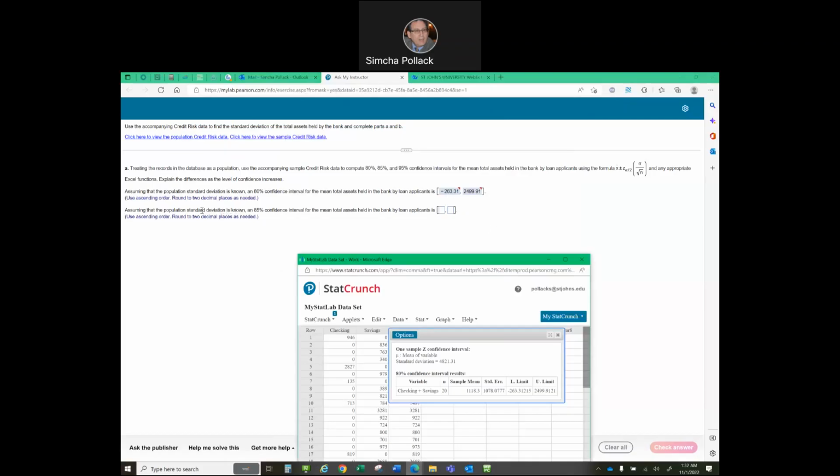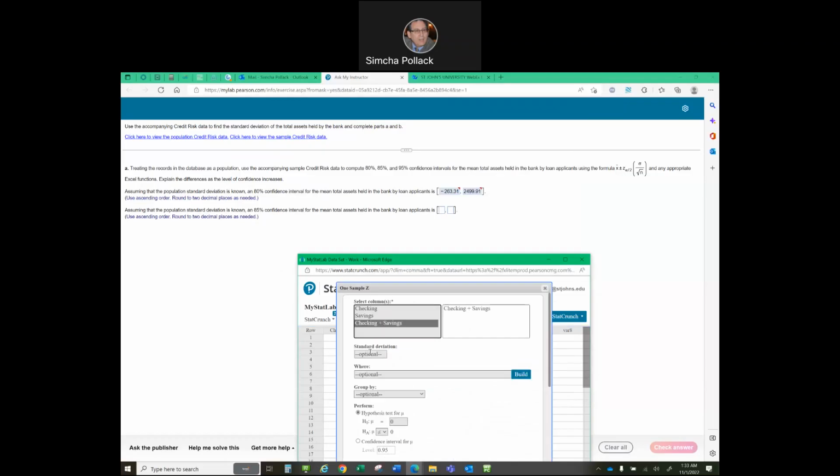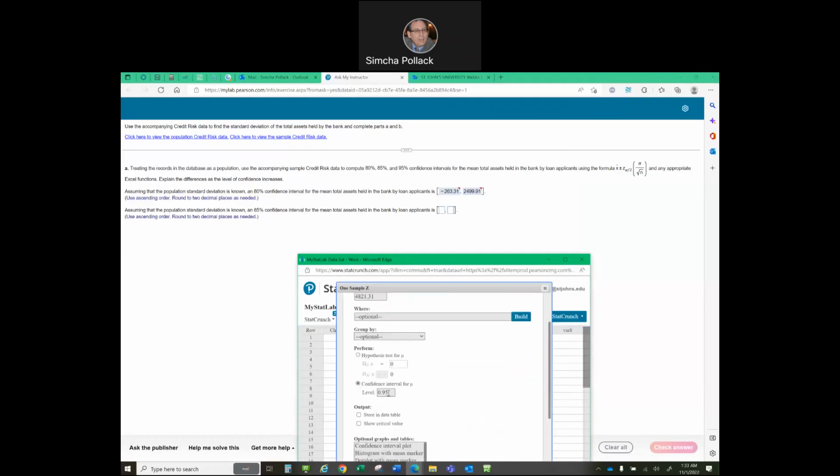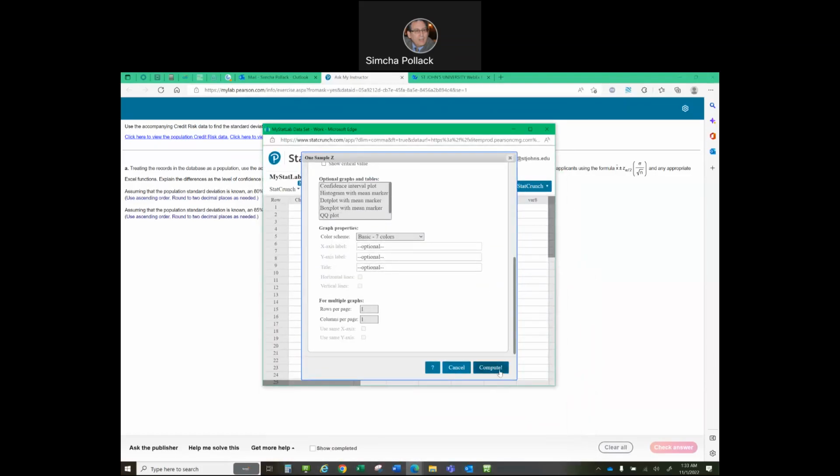Assuming now we know it to be 85%. Well, that's easy. You just change this to an 85. You go to ZStat, one sample with data. You want this variable. We know the standard deviation is staying the same, but now we want a confidence interval of 85, which is a very strange size confidence interval. Compute.